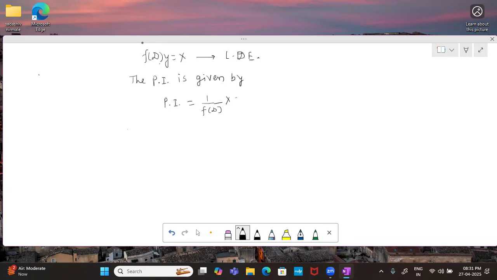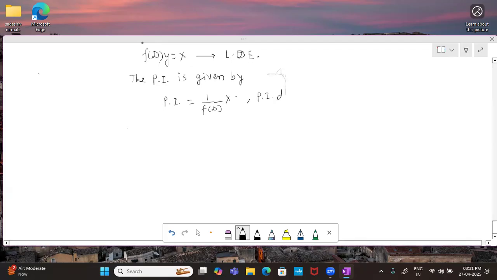So depending on the value of X, there are a number of rules for PI. Means actually PI depends on X. And what is X? Any function of x. Okay, so there are three methods of PI.